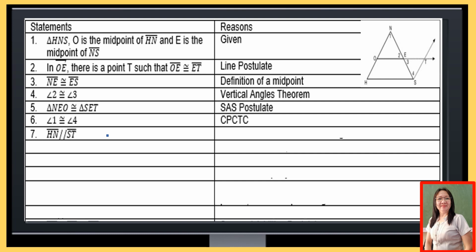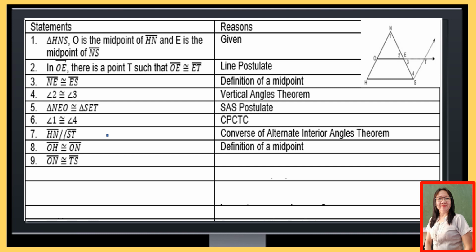Then, observe that segment HN is parallel to segment ST. That is the converse of the alternate interior angles theorem. So segment OH is congruent to segment ON. Again, that is by the definition of midpoint.